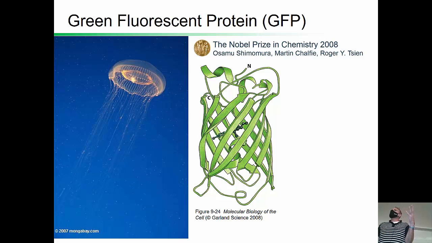So with other fluorescent stains, if it's something we want to stain inside the cell, we have to find a way to get that stain inside the cell. Here, what's happening is the cells can actually produce the protein naturally. And so the cell itself produces the fluorescent molecule that we can use for different things.